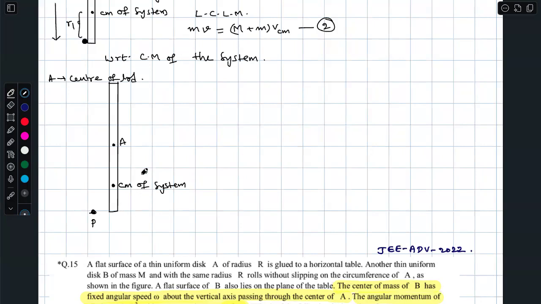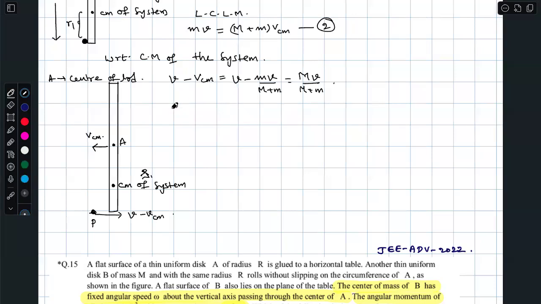So in center of mass reference frame, this will have VCM and this will have V minus VCM. Agreed? So what is V minus VCM? V minus MV by capital M plus small m. This is nothing but MV by capital M plus small m.